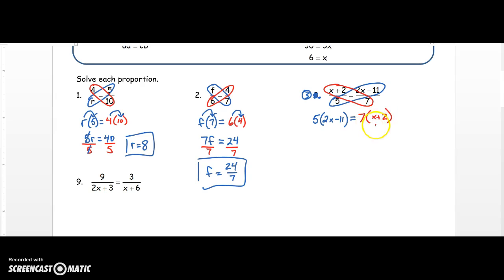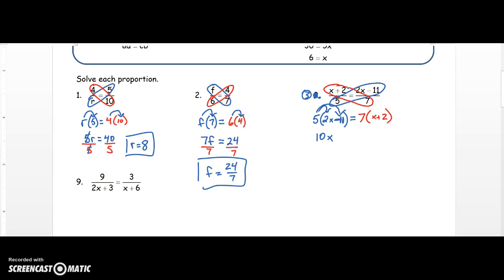So we have 7 times x plus 2. Okay, now you have to go ahead and distribute on both sides of the equation. So first 5 times 2x, you get 10x. And you have 5 times negative 11. Remember, always read that sign, plus or minus in front, as telling you what number the next is.